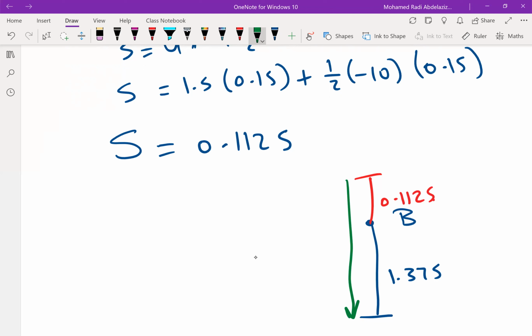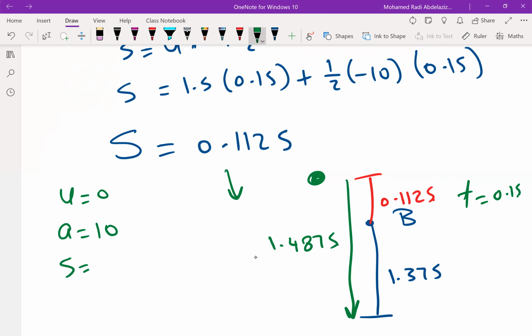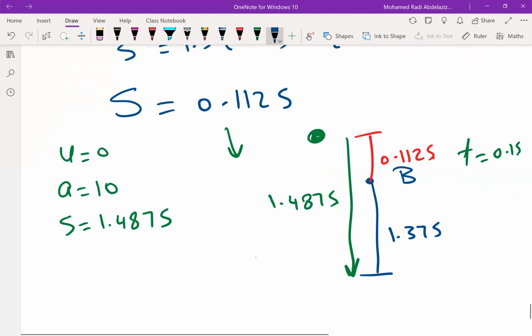Starting again from this height, if we add them, the distance between the ground and the particle is 1.4875. So when it is moving down, initial velocity now is 0, acceleration is positive 10, but displacement is 1.4875. Now we'll calculate the time.